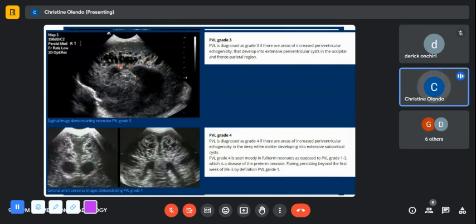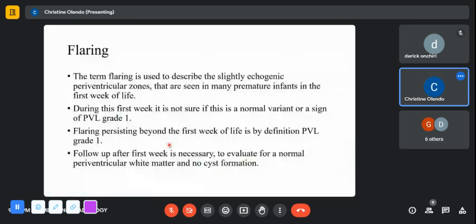So there's increased echogenicity and the development of periventricular cysts now in the occipital and the frontoparietal region. And then grade 4, we said we have now subcortical cysts also, which are now visible in this grade 4 image. So now this is grade 4 of periventricular leukomalacia.